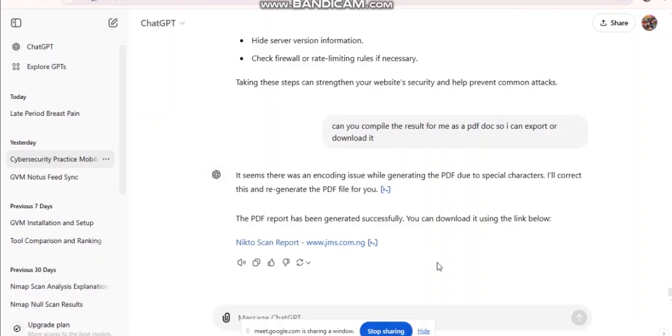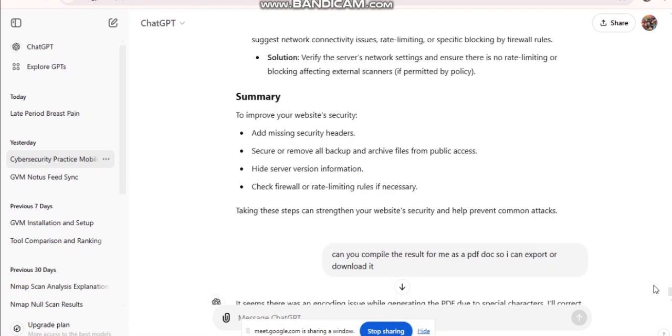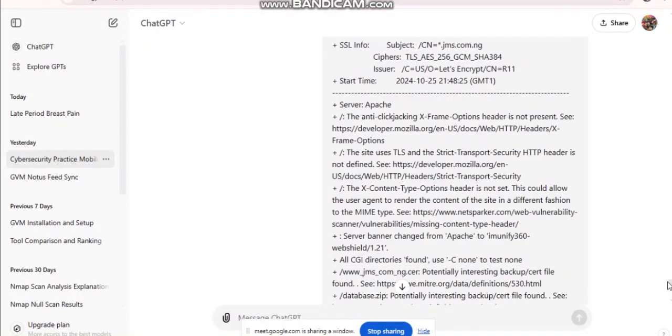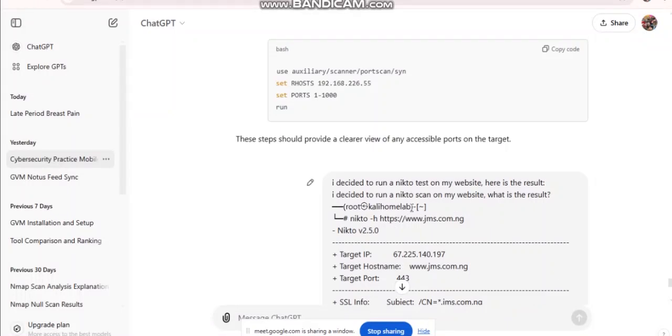Yes, that's it. Okay. So this is the result of the scan that I made. I told ChatGPT I decided to run a Nikto test on my website. So Nikto is also a web application vulnerability scanning tool.